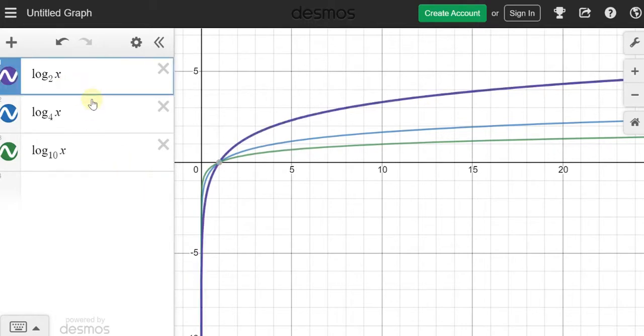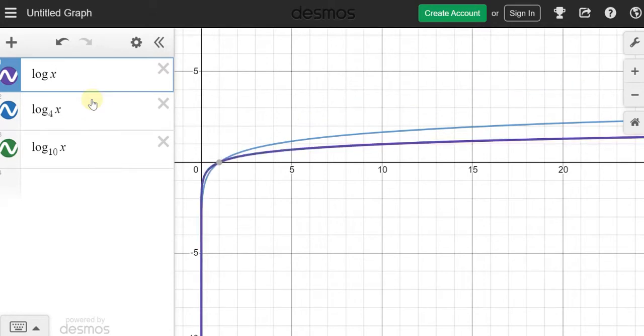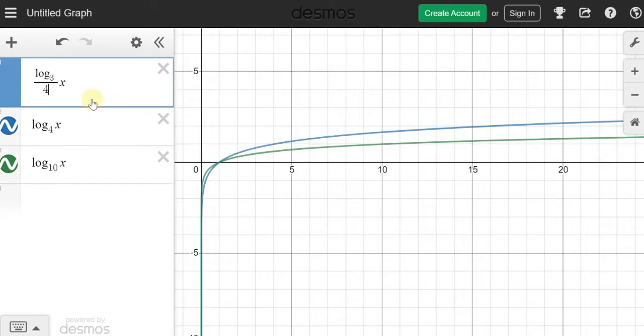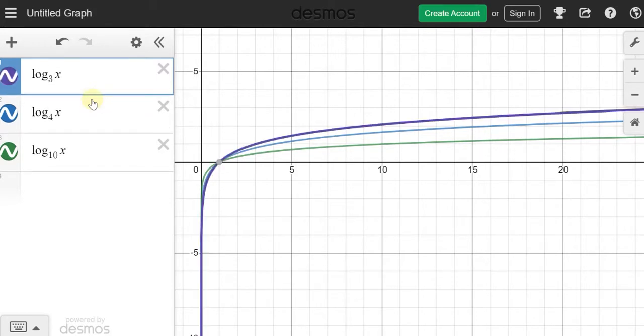Now let me change the base. I'm going to go with bases 3/4, 1/2, 1/4, right? So let me go with 3/4 first.